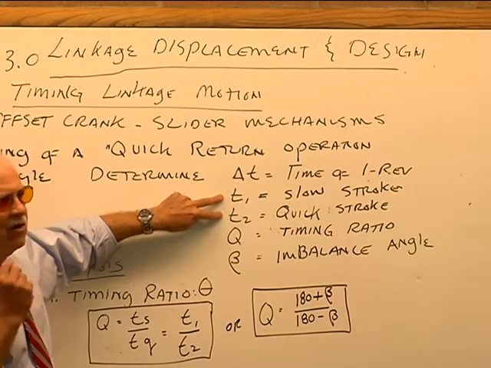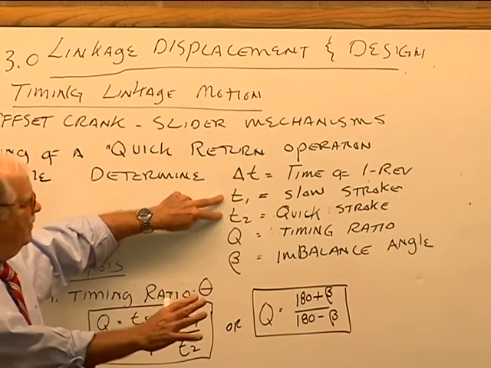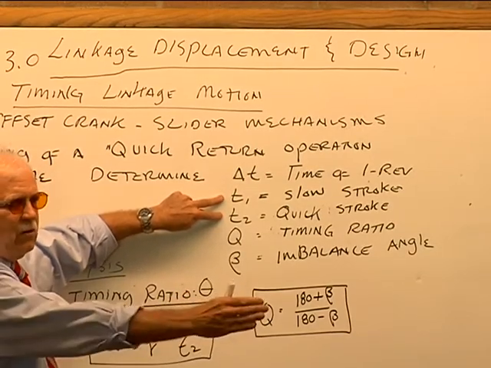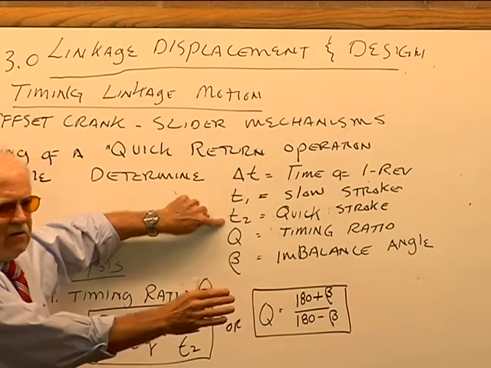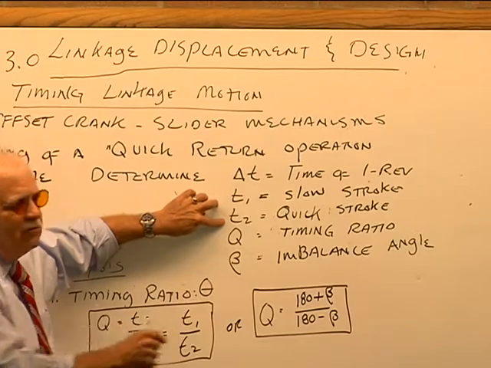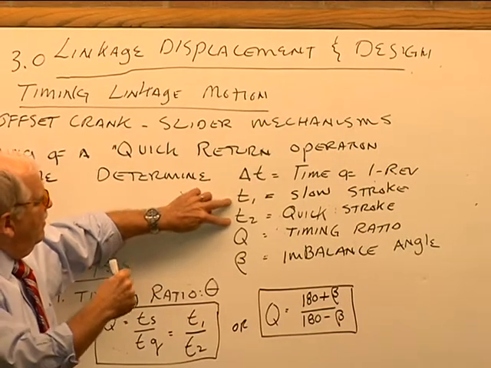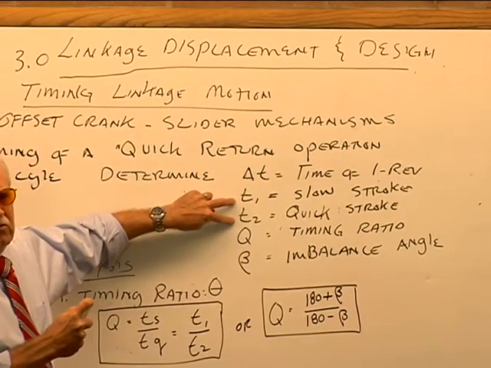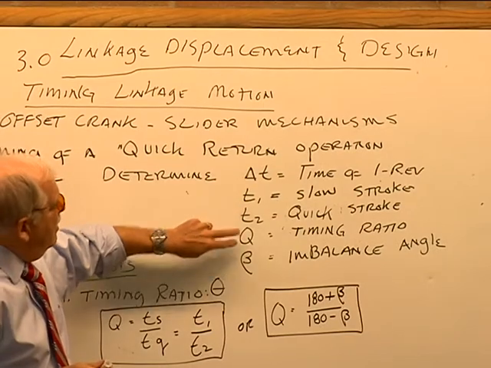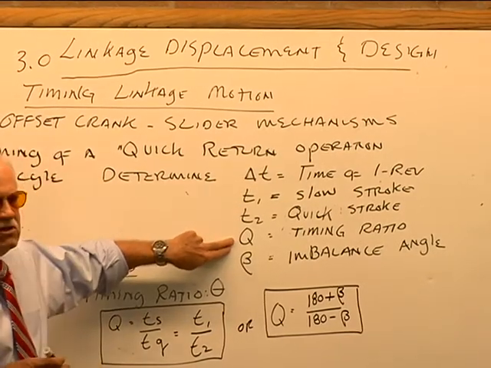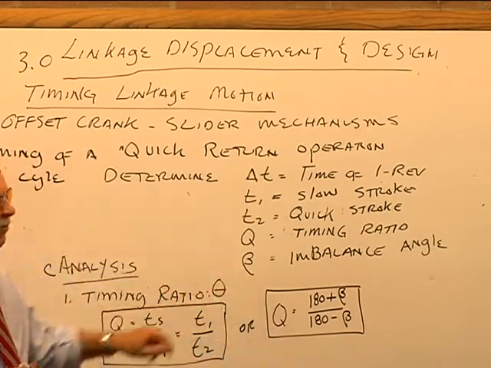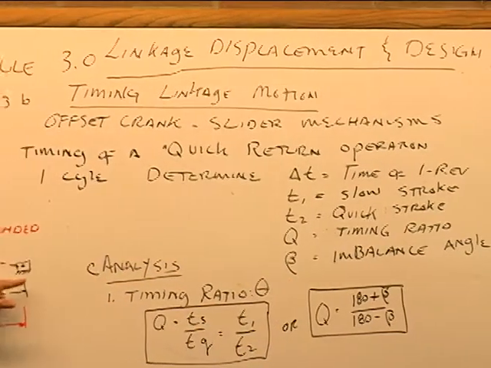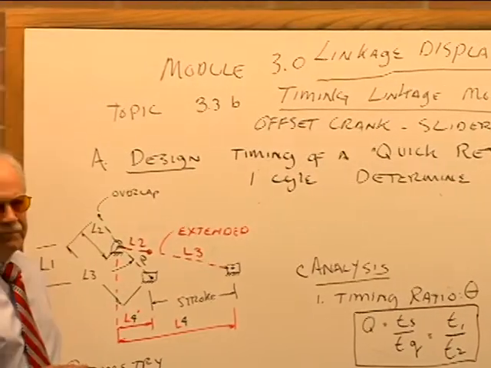T1 is the slow stroke, which would be the stroke that goes out towards the extended position, and T2 is the quick return stroke. Those are the two strokes that you have in a cycle. Q is a timing ratio, and beta, of course, is the imbalance angle between the two positions when it's extended and when it's overlapped.